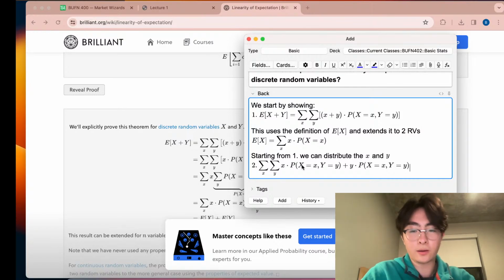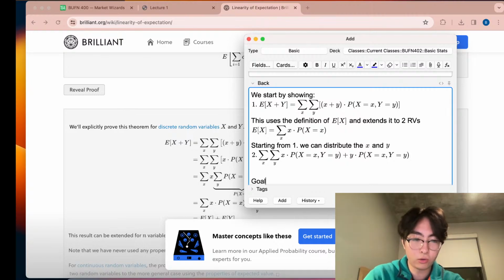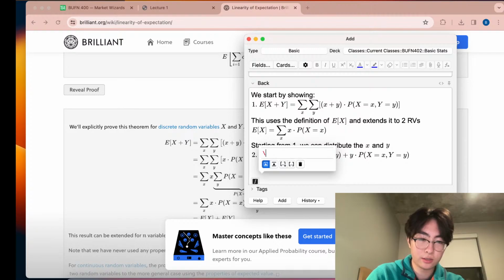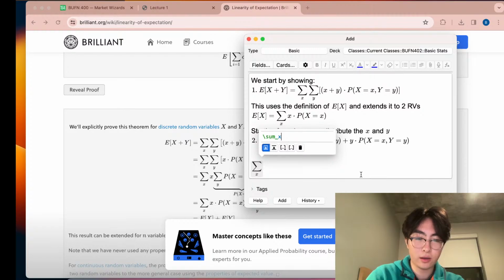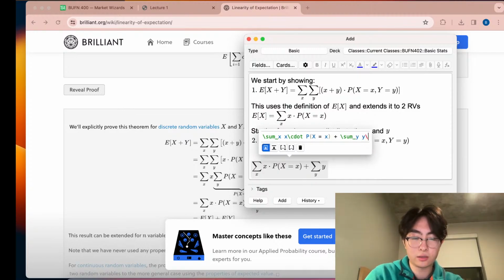So from here, how do we get down to our goal? Our goal is to show that the expectation is the sum over x of x times the probability of X equal to x plus the sum over y of y times P(Y equal to y).